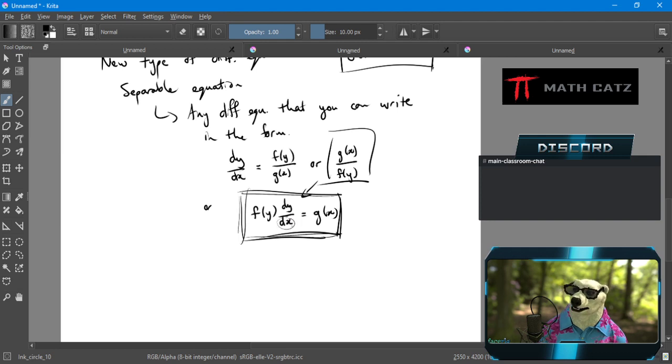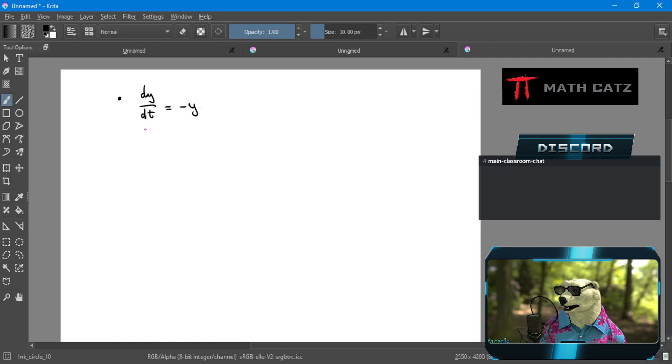Then I'll simply move that bottom differential to the other side. But I've seen people try to do too much at once and then create a separate equation that isn't quite the same. So I need to get the y to the left. What I really have here is having to divide both sides by negative y to get negative 1 over y dy/dt equals 1.